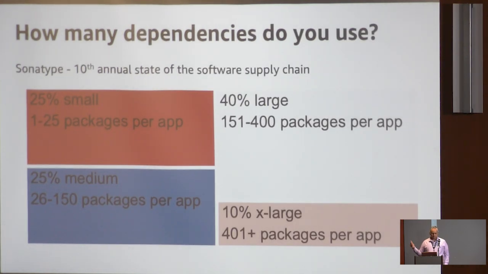This is the report from Sonatype, and developers normally underestimate how many dependencies or packages they are using. About a quarter of the projects have up to 25 packages per app. But on the other side, for many extra large projects, you are using over 400 packages per app.